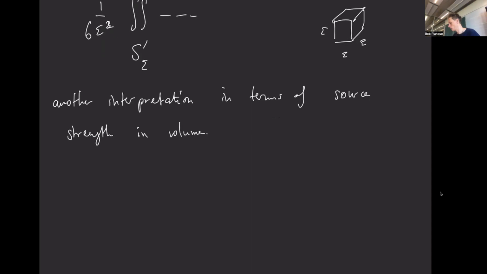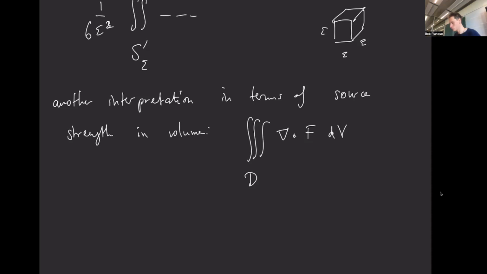And you can also compute that if you have this volume, let's say D, then this source strength can be computed with this divergence integrated over this volume.